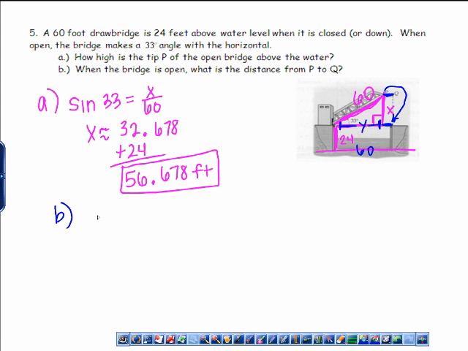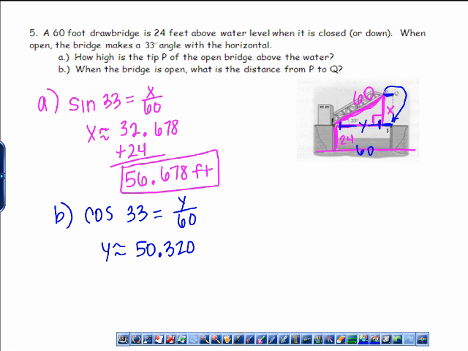So think about which trig function you need. You really have an option here. I'm going to use cosine, so I don't have to use x, which is an approximated value. I'm going to use y and 60. So cosine of 33 is equal to y over 60, adjacent over hypotenuse. Once you cross multiply, you get an approximate value of y to be 50.320, and that is your y value.